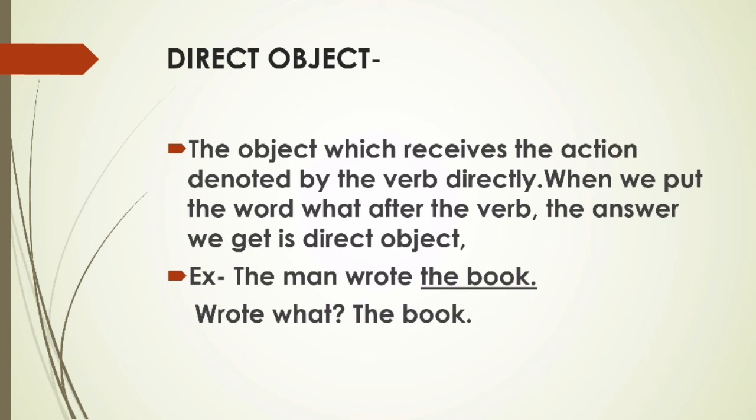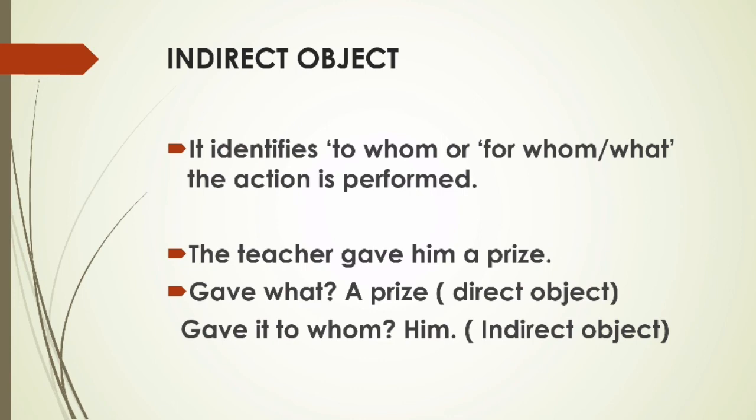The book. So here the book will be the direct object. Got it? We have just added what after our verb, and whatever answer we get will be the direct object. Got it, everyone? So remember that basically direct objects deal with non-living things. That's why we put the question what.